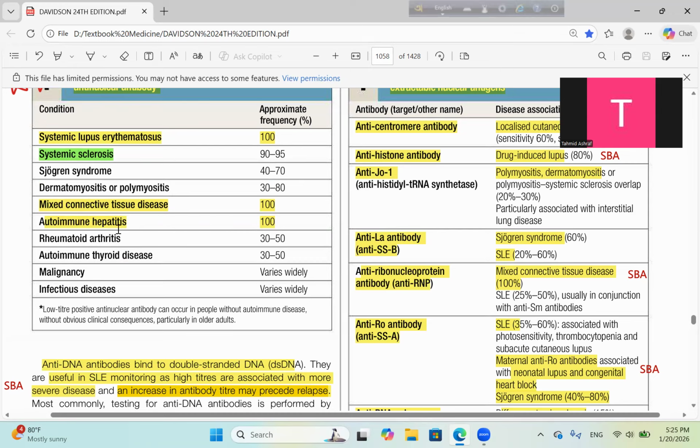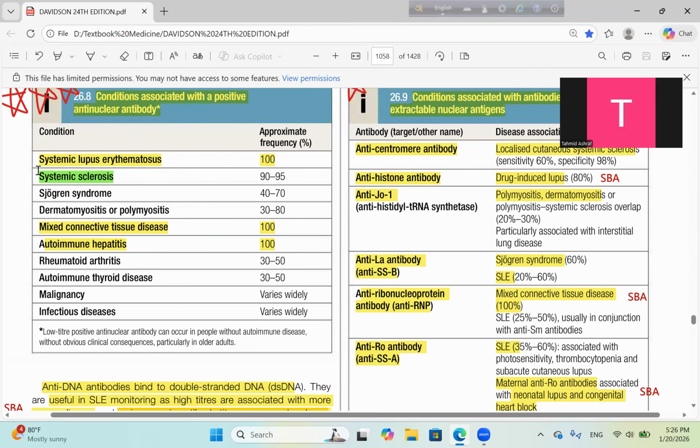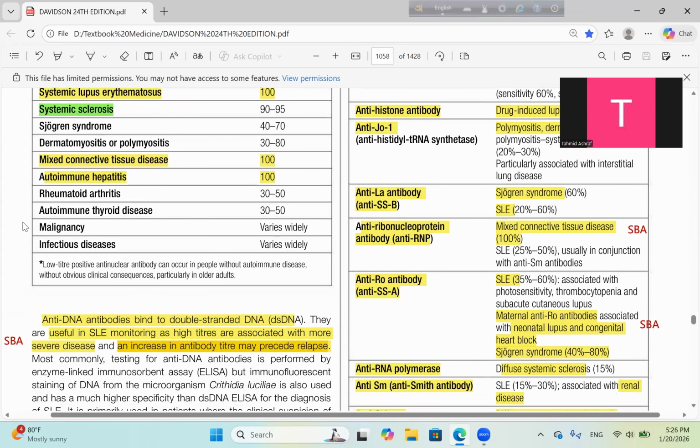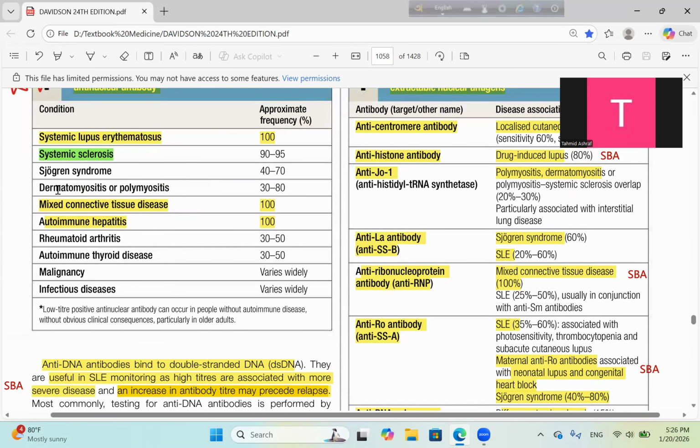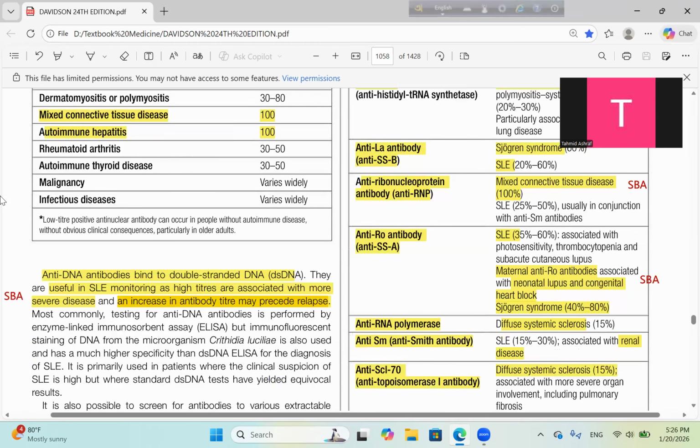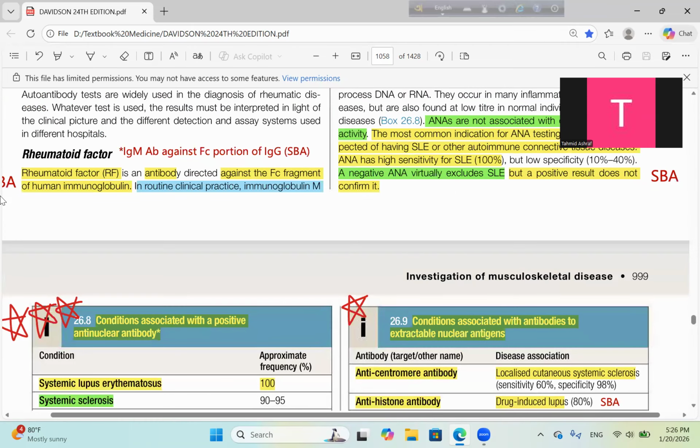You will have to memorize this: SLE, autoimmune hepatitis, and mixed connective tissue disease. And in systemic sclerosis also, in 90 to 95% cases, they test positive for ANA. Other diseases, we can just read down the names, but you will have to remember or memorize these names: 100% positive in which cases.